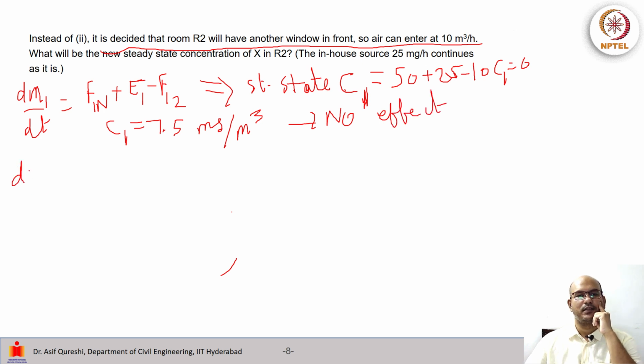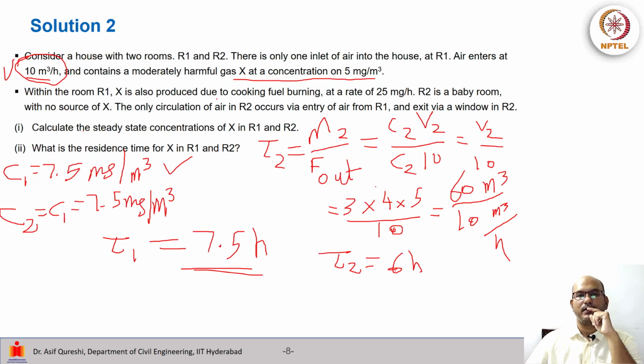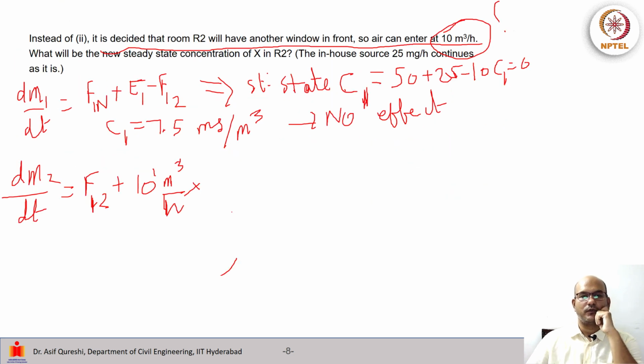But dm2, let us see. Now we have an extra term coming in dm2. We had F12, but now we also have a new F in of 10 meter cube per hour multiplied by the concentration, and recall the concentration of outdoor air is 5 milligrams per meter cube.